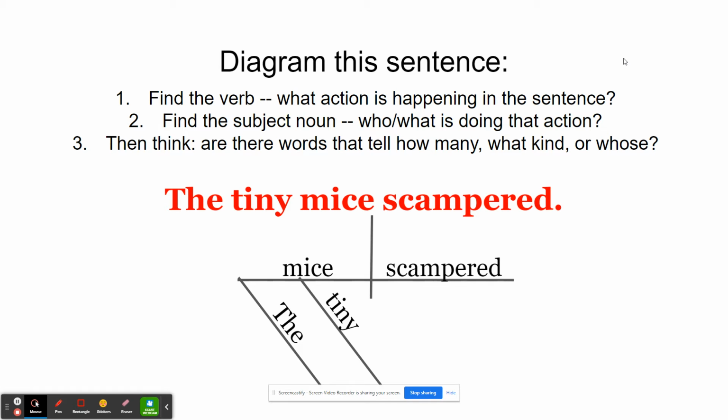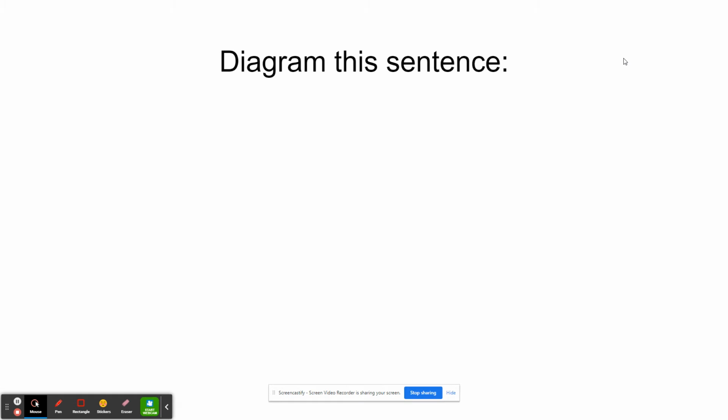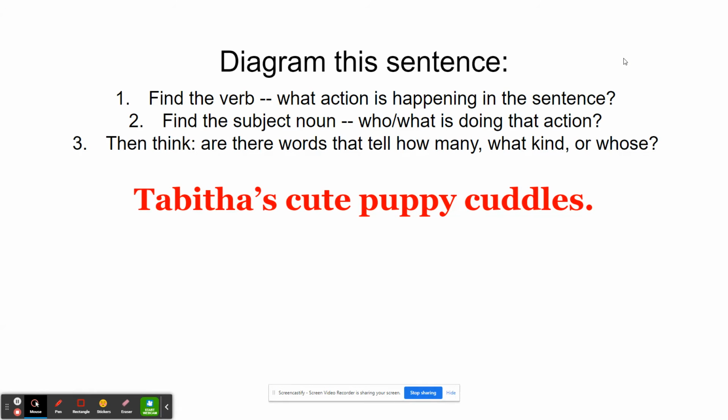Here we go with the next one. Tabitha's cute puppy cuddles. So again, start with that core. Think what action is happening, what verbing is going on.